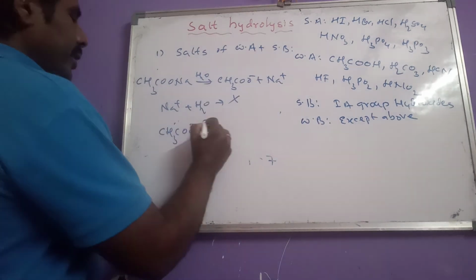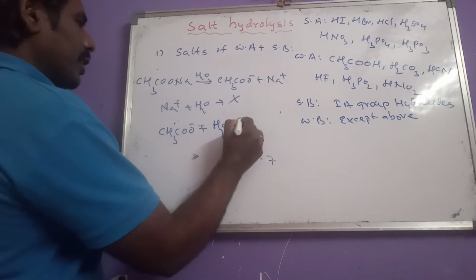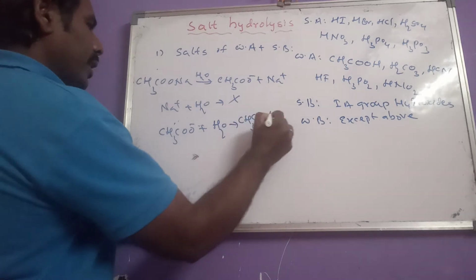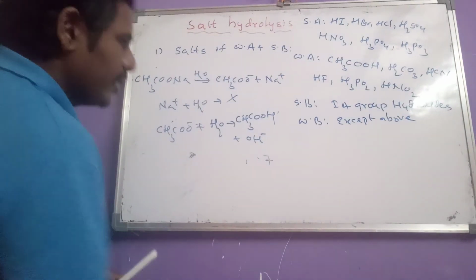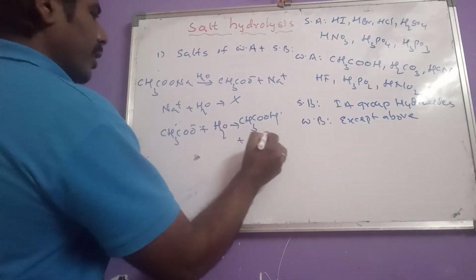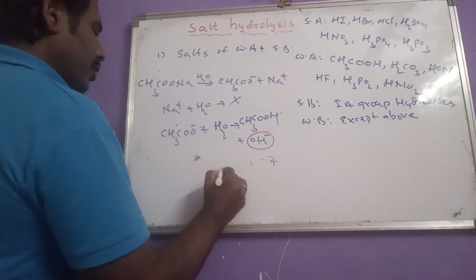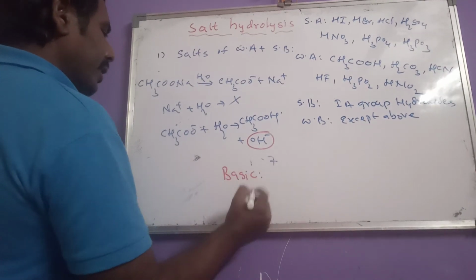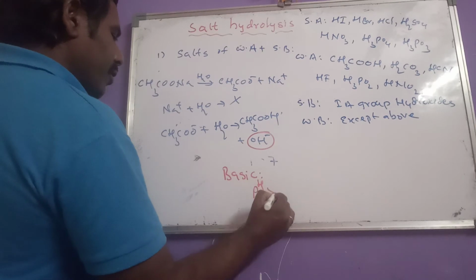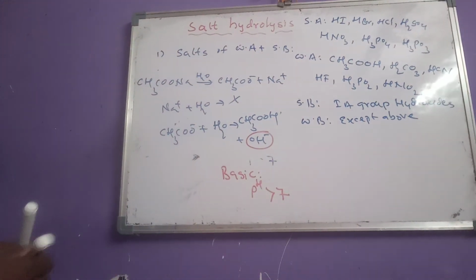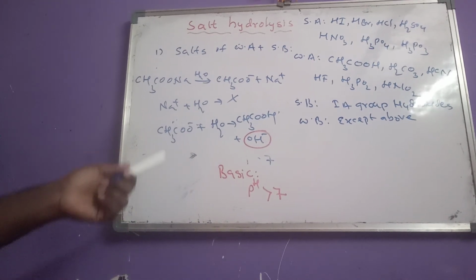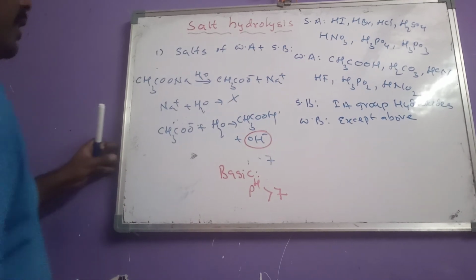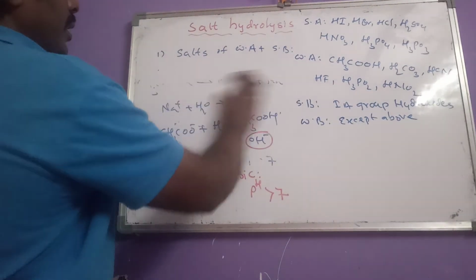So, acetate ions react with water and produce OH- ions. As OH- ions are produced here, this solution is having basic nature and pH value is greater than 7, and this solution changes red litmus to blue litmus.